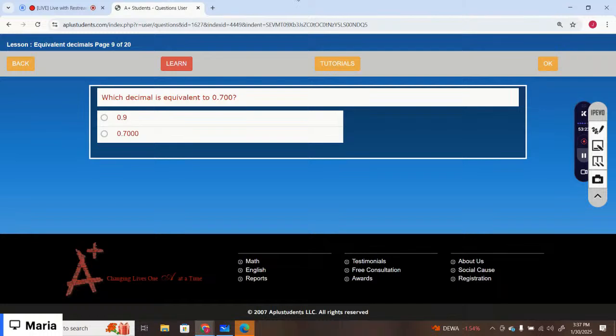Which decimal is equivalent to 0.700? Option number 2 is the correct option.